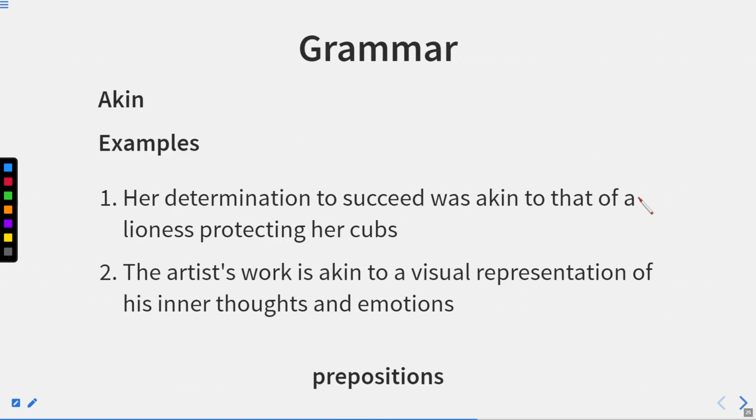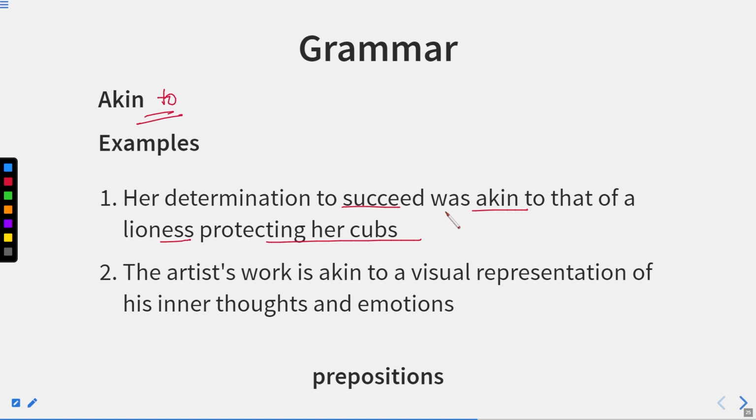Now let us move to the next one, that is akin. Her determination to succeed was akin to that of a lioness protecting her cubs. So akin to is basically a phrase which is used when we show the similarity or show the qualities which are similar to another person.